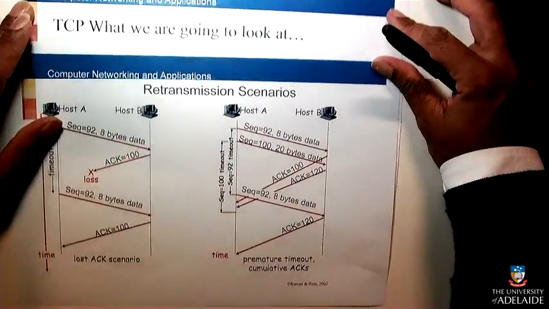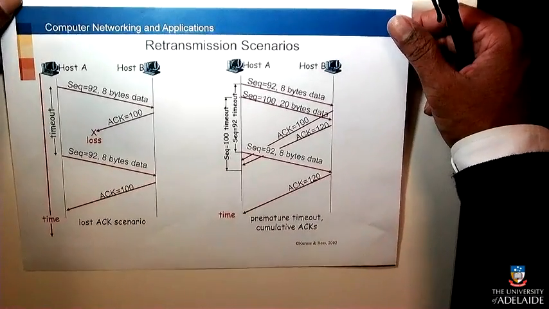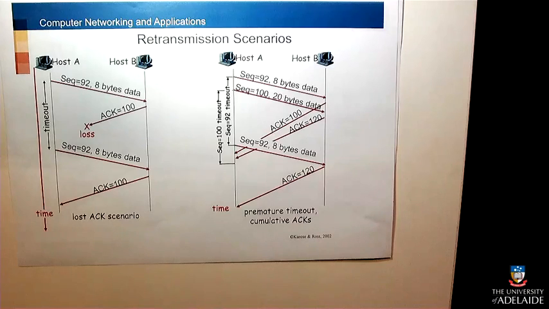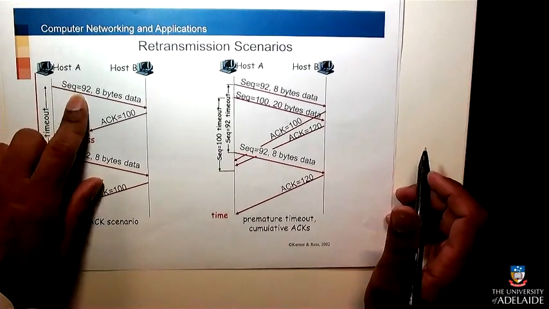Let's look at the retransmission scenario in TCP. Remember, reliable transport uses timeouts, which you're familiar with, and so does TCP. This is a little bit more complex, maybe. Your sequence number is 92.